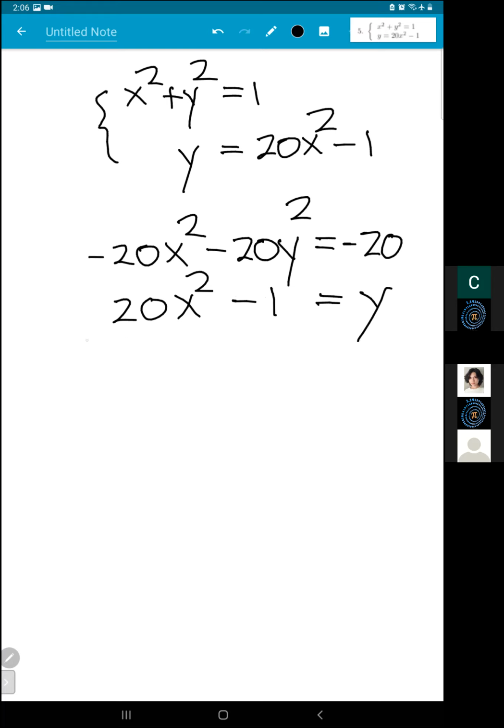Then I add up the two equations. So you see that by eliminating x squared, the remaining equation will just be in terms of y alone and quadratic.